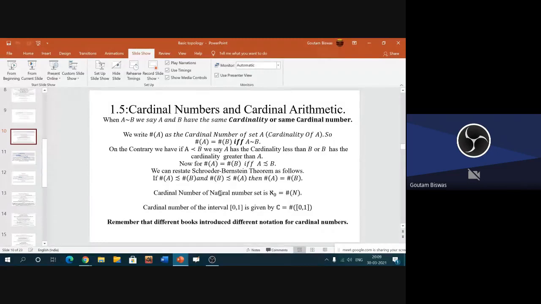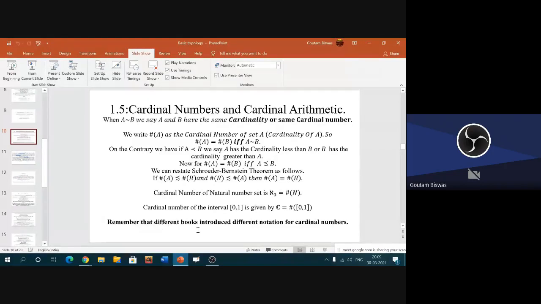Notation is very important here. For set theoretic notation, we are using this one. It is not less than or equal to. Remember this fact. Now, the cardinal number of natural numbers is denoted by this symbol, and the cardinal number of the interval is given as this one.